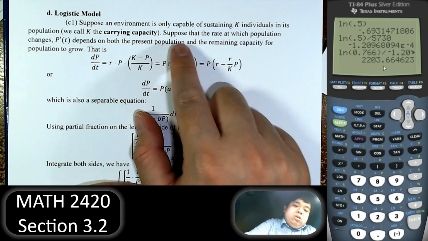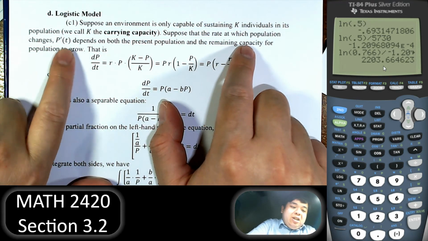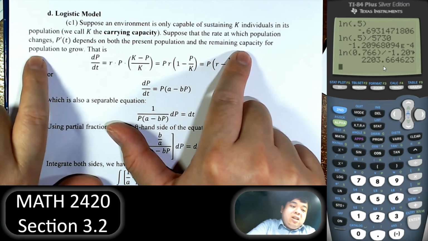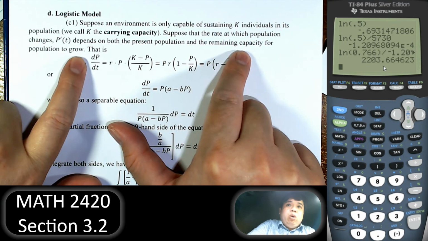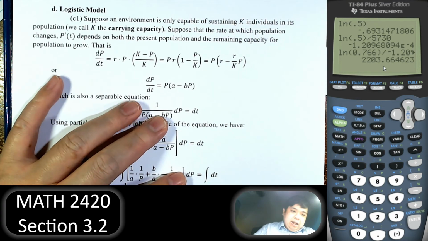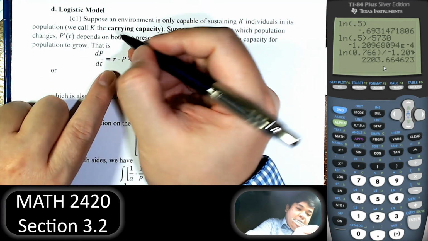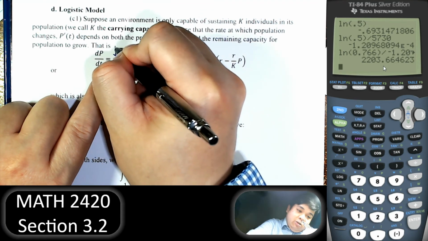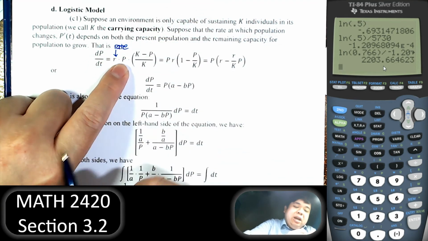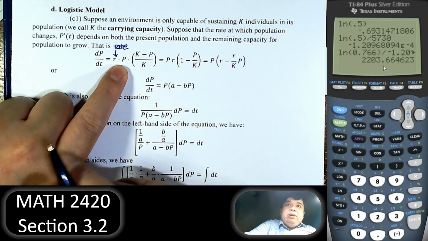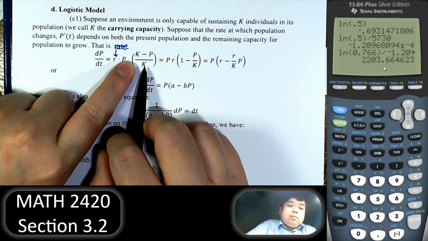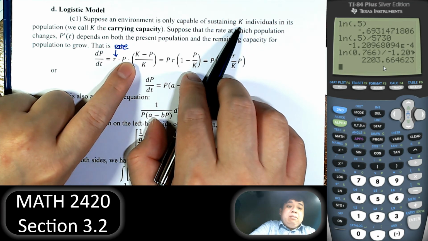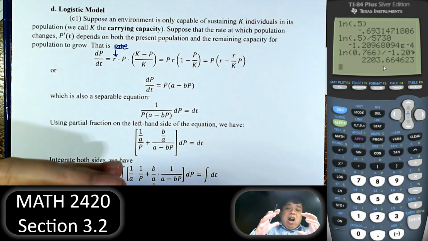Right. Suppose that the rate at which population changes depends on the present population and the remaining capacity of the population to grow. In this case we have r, which is the constant rate. P is the population at time t. K is the carrying capacity, which is the maximum, the cap of the environment.